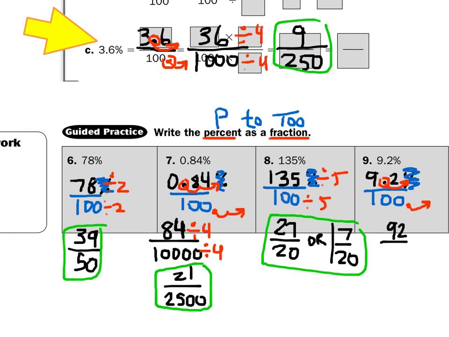That gives me 92 over 1,000, and I see that 4 goes into both the numerator and denominator, so I divide both by 4. I'm reducing, and that will give me my final simplified fraction of 23 over 250, and I box my answer. There we go.